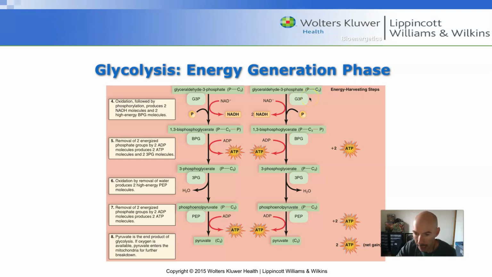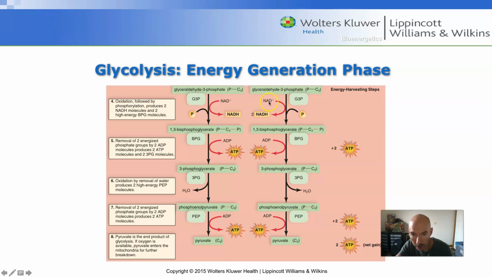Now, I mentioned to you in the last lecture, one way that we harvest energy is by taking electrons off of molecules, okay? Electrons cannot exist on their own. They have to be bound to these high energy carriers. That's where the oxidation reduction reaction occurs, okay? NAD is a molecule, it's a protein that is one of these electron carriers, okay? So what we see happening on this first phase here, an electron is being stripped off of our molecule, okay?